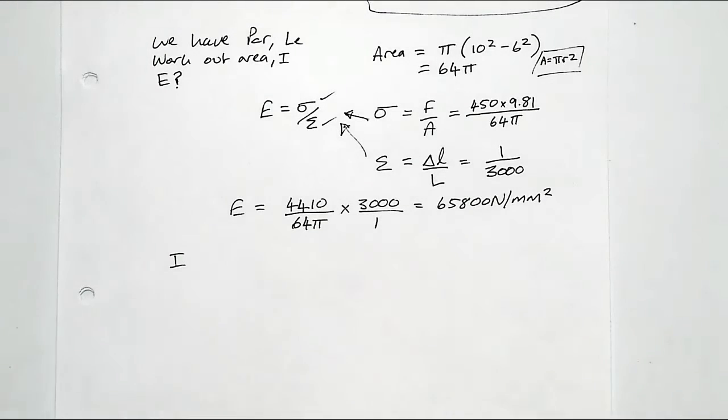We've got the I value is pi d to the 4 over 64. We'll get there. Because L is 3 meters and it's pinned either side, L equals LE, so it's 3.